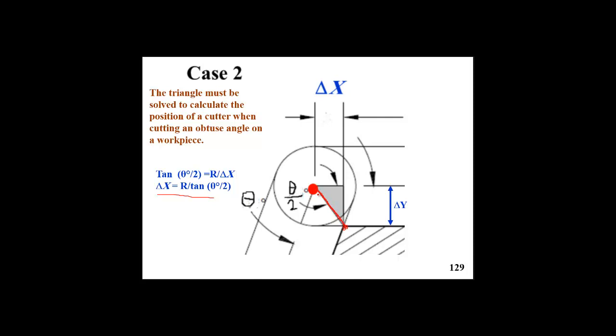This is the right angle triangle. This is the right angle. We are interested in these two sides. One side is equal to dx and the other side equal to dy. dy is known, equal to r. Using this trigonometric relationship, we get delta dx.